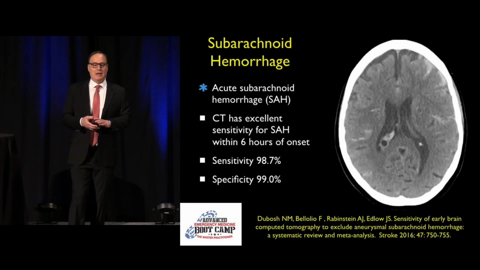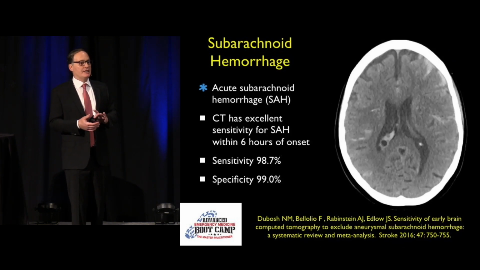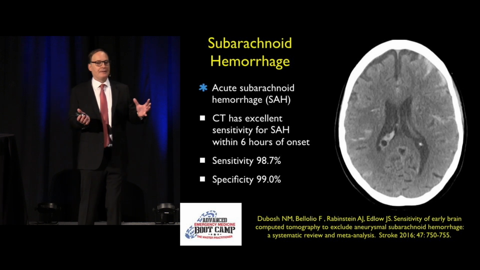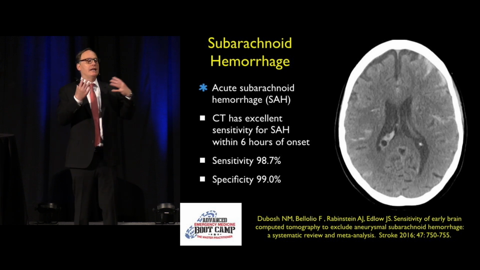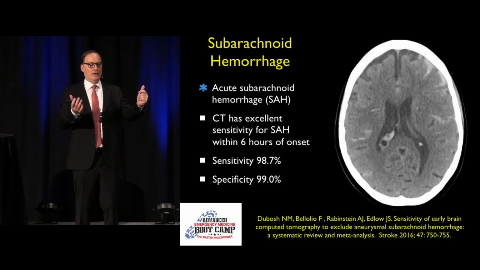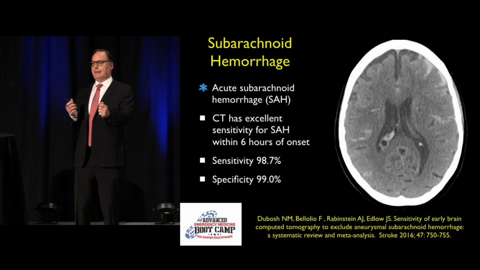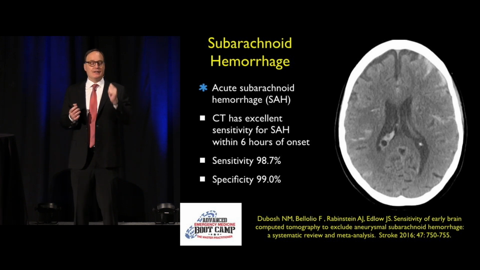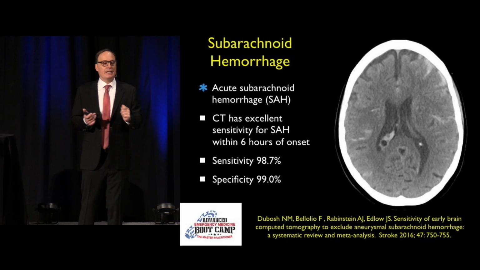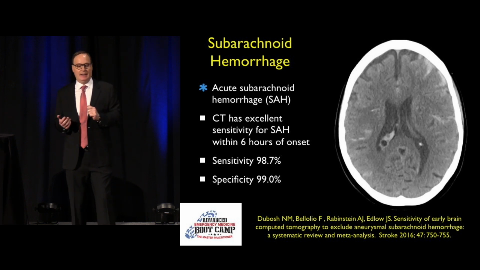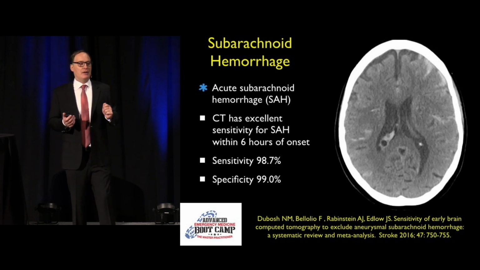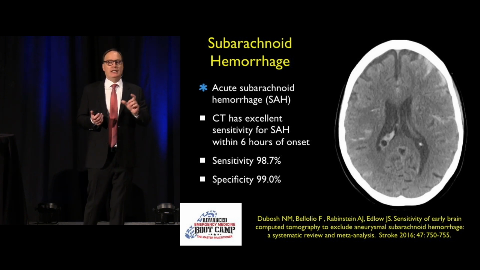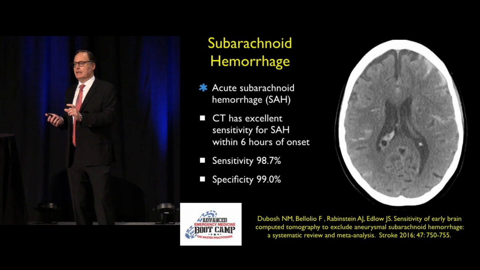And just to finish up, just so you know, if your patient does come in within 6 hours of the onset of the headache, worst headache of life, thunderclap headache, and you get your CAT scan, the sensitivity is so good, 98.7%, with a specificity of 99.0%, that I think a lot of people are now making the argument, do we need to do an LP if we're getting the patient within the first 6 hours?